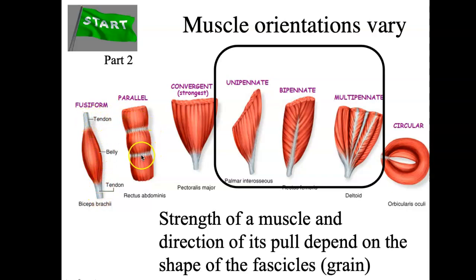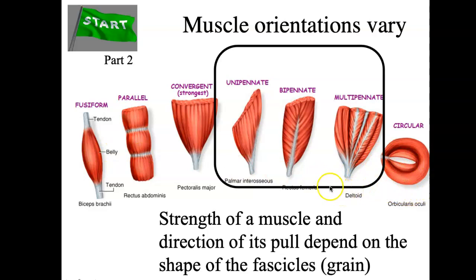Instead, it has some tendons in the middle, but all the fibers are seemingly parallel. And then something like your pecs, pectoralis major, is going to converge onto just one region where it has that tendon. Okay, different from the fusiform here. And then you could have one that's perfectly circular.